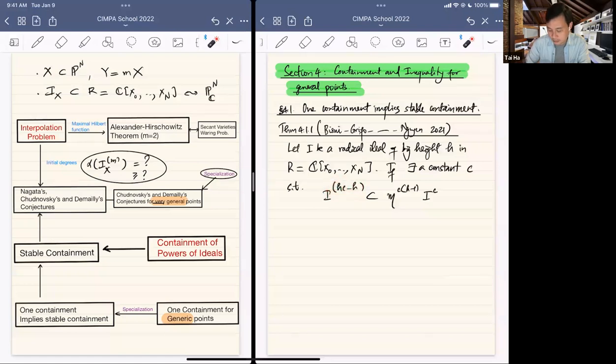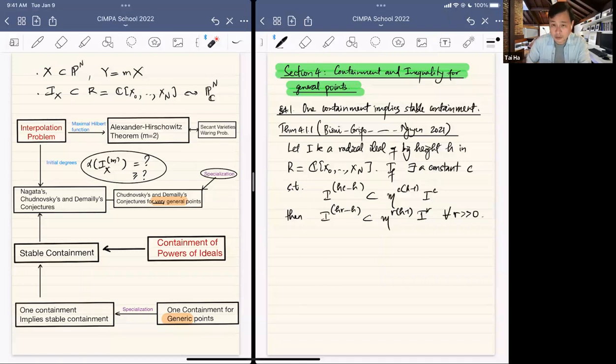The statement is for all sufficiently large power R. So what we're saying is that if there's one power C so that this containment holds, then the same containments, but now with R instead, hold for all R big enough.